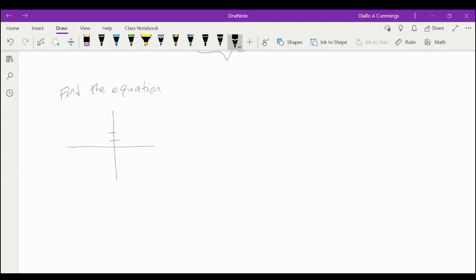This is 1, 2, 3. I'm going to go down 1, 2, 3, and I'm going to go 3 places to the left and 3 places to the right. We talked about the axis system in the last class, and I'm going to draw a horizontal line here. How would you find the equation for this line?